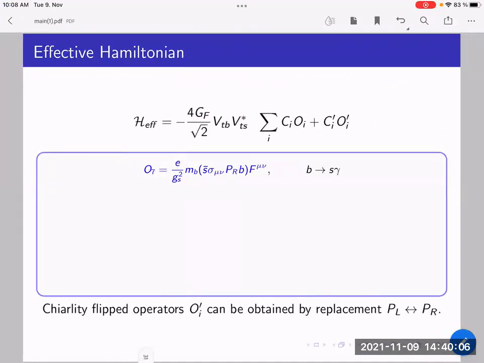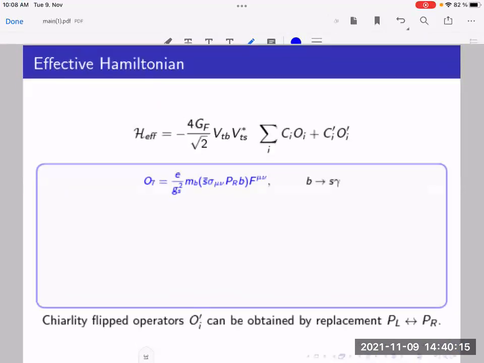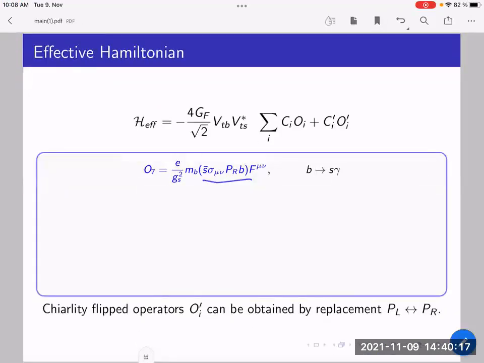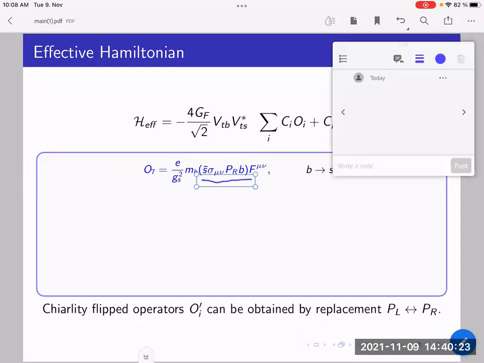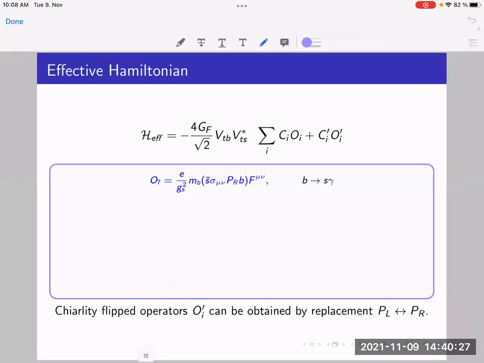We can have a structure, for example, s̄ σμν PR b Fμν. These are known as the dipole operators, known by the name O7 or O7'. If you replace this PL by PR, then you get O7'. But these are very severely constrained by B to Sγ.